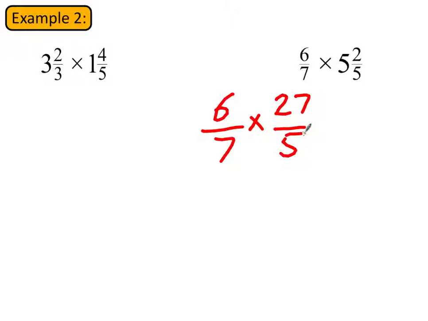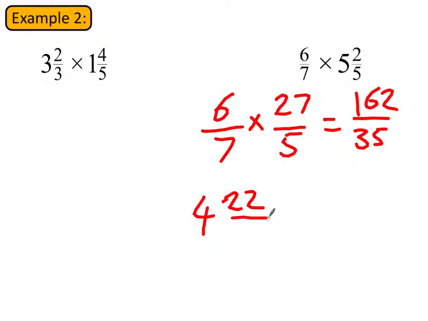Now, this is quite a complicated one, but we can count 6 27s. 6 27s is going to be 162. 7 times 5 is 35, and then we're going to see how many 35s fit into 162. Well, if we start to count them, 2 35s is 70. So 4 35s is 140. So we've got 4 there. That's up to 140, and then of course you've got 22 left over. So 22 over 35 left over, and that's the final answer.